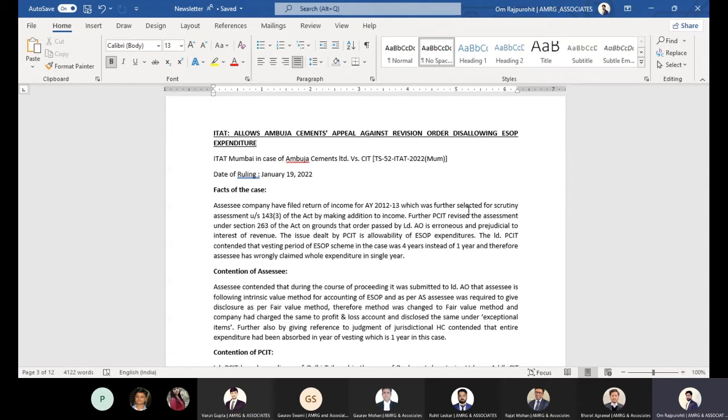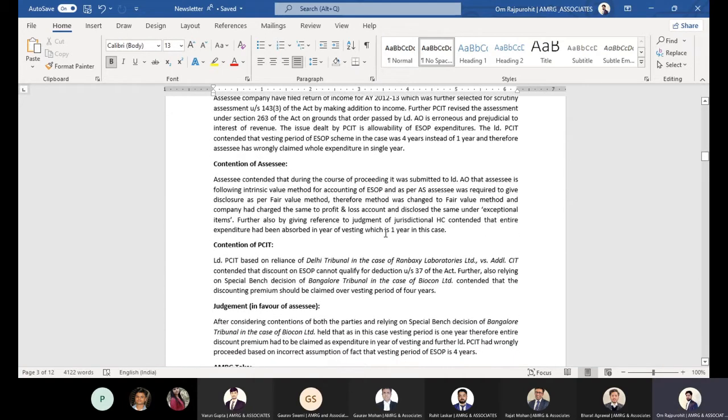Since the method has been changed from intrinsic value to fair market value, the difference or the adjustment was made in the P&L account as an exceptional item. Accordingly, the vesting period also came down from 4 years to 1 year, and thereby the whole expenditure is claimed in the 1 year itself.